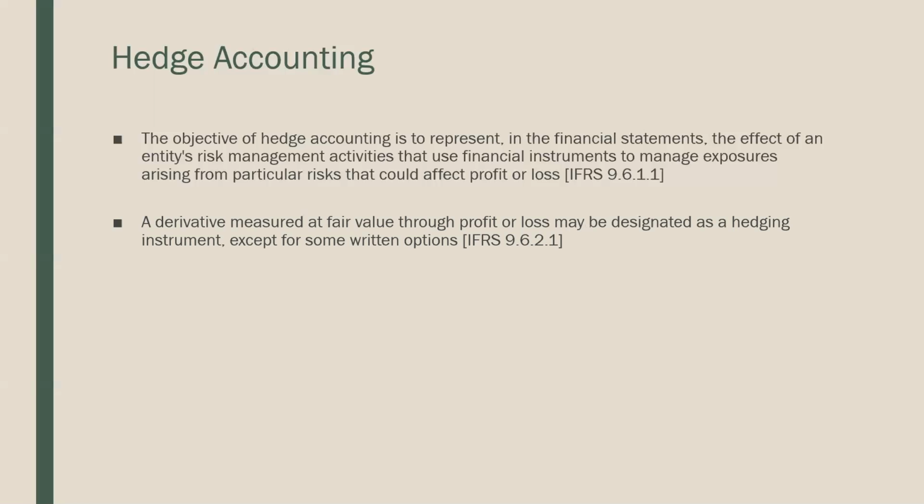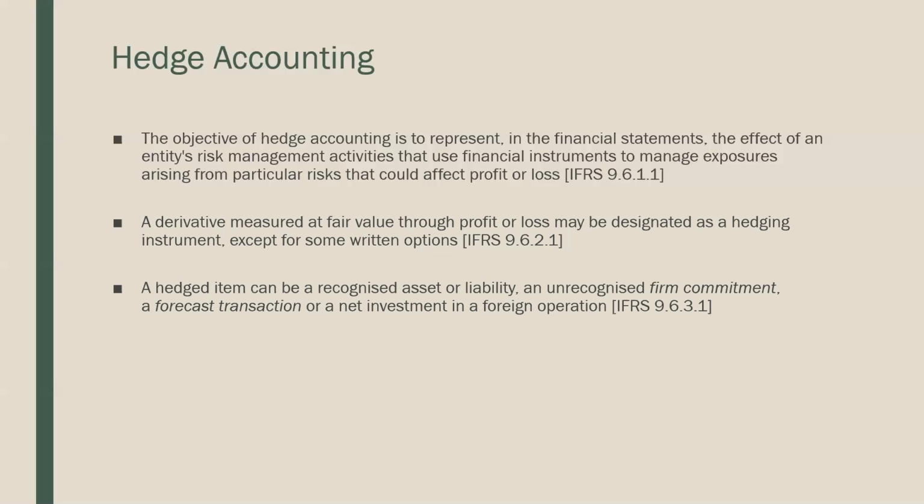A derivative measured at fair value through profit or loss may be designated as a hedging instrument, except for some written options. That's good to know. Forward contracts certainly meet the definition of a derivative that could be used as a hedging instrument. A hedged item can be a recognized asset or liability, so recall, receivable or payable.